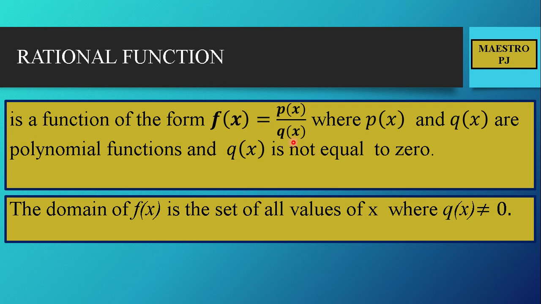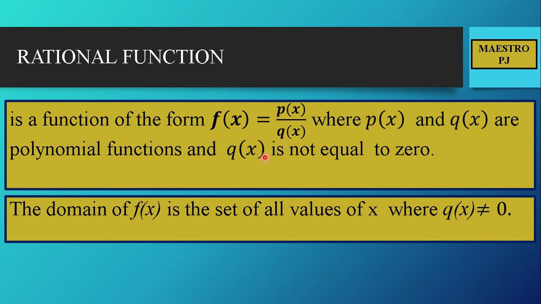So a rational function consists of polynomial functions. Yung numerator dapat polynomial function. Yung denominator dapat polynomial function din siya. At itong denominator should not be equal to 0.